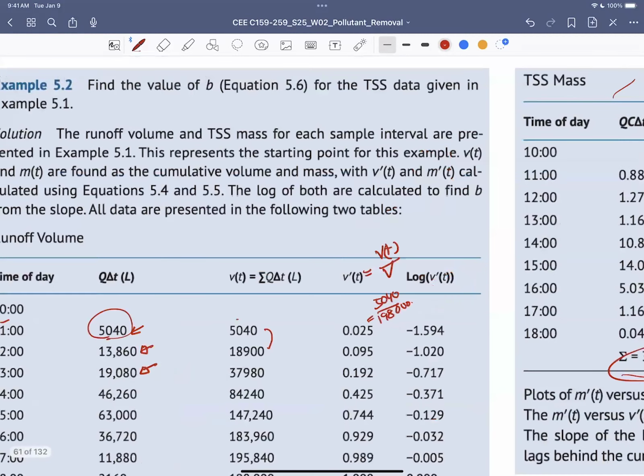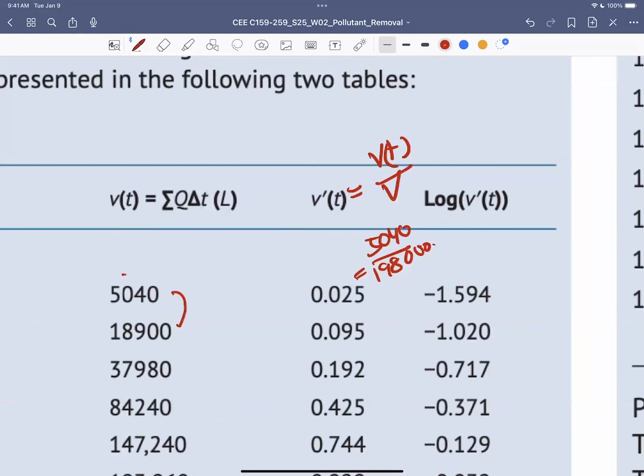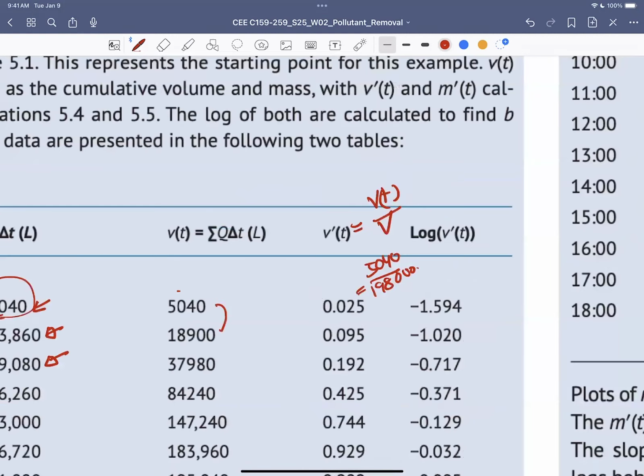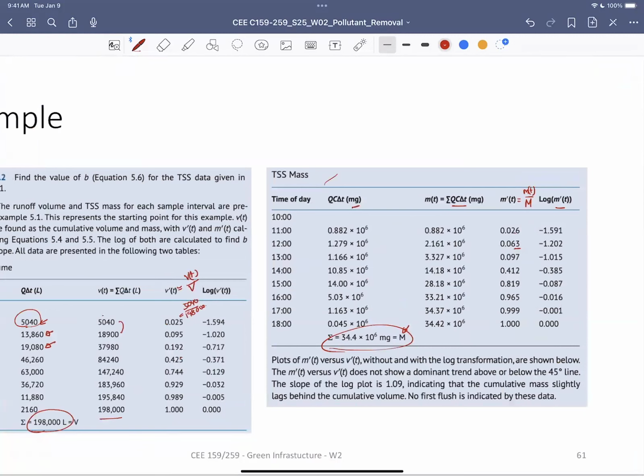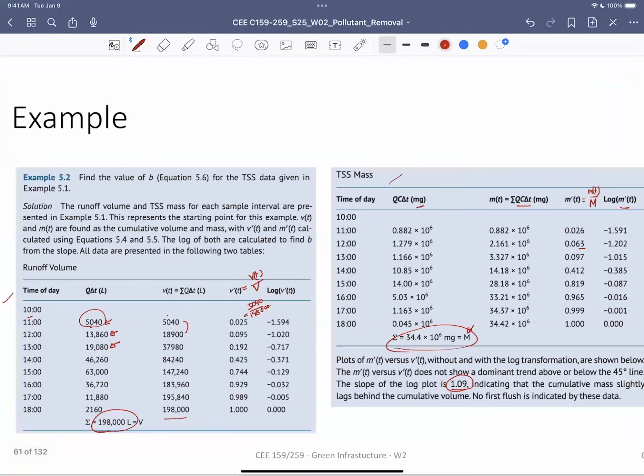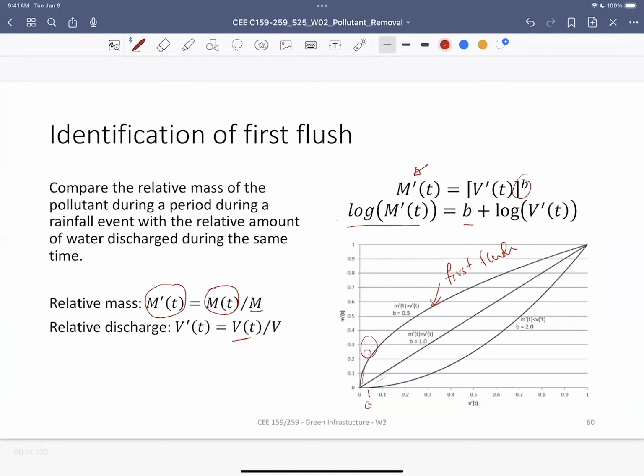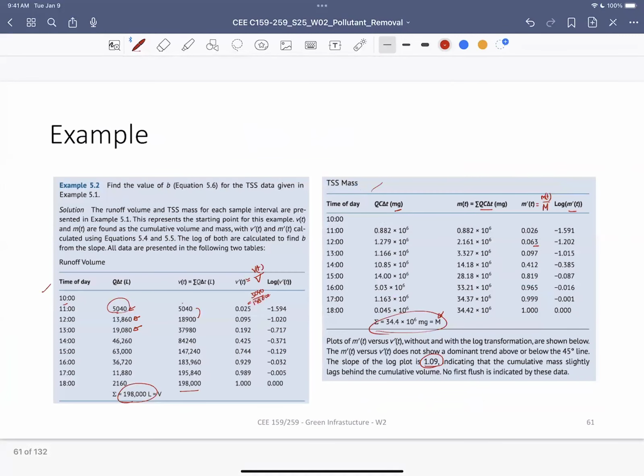And here, 95.9%. So if you took the log and did the transform, what you got is that the slope is 1.09. If you take the slope, that is 0.19, and then the y-intercept.